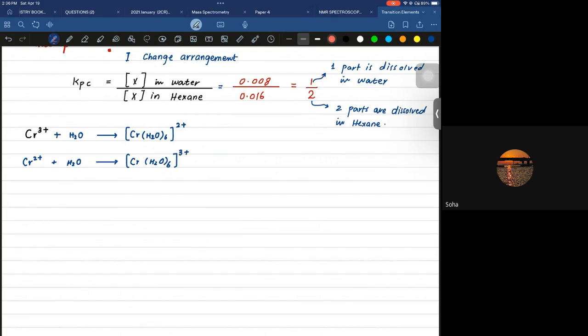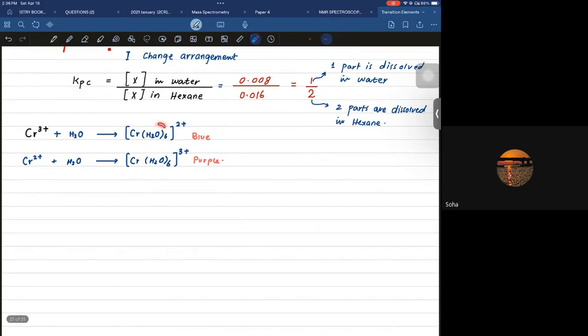So this is blue and this is purple, because the ligand attached is water. Then I'm going to add sodium hydroxide into this complex.